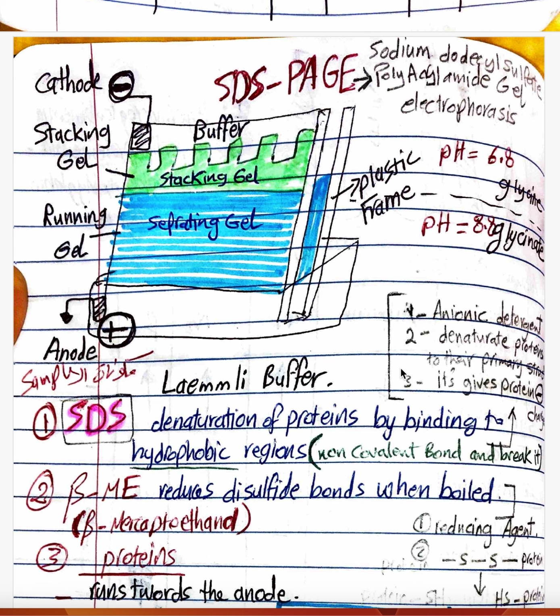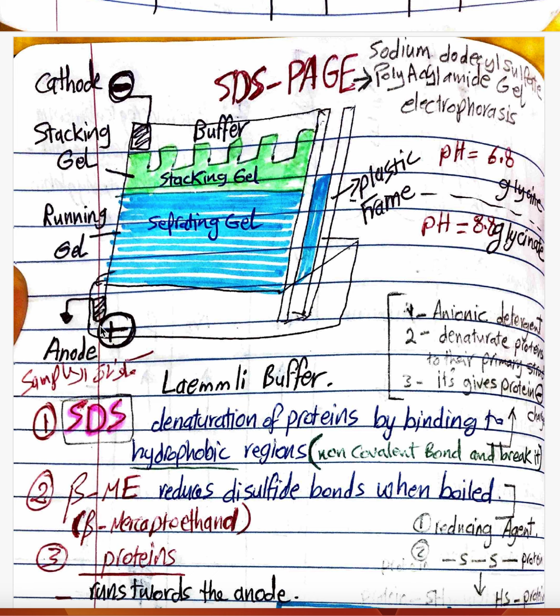So here, as you can see, we have this box. The first one is the cathode, which is the negative charge, and we also have the anode.